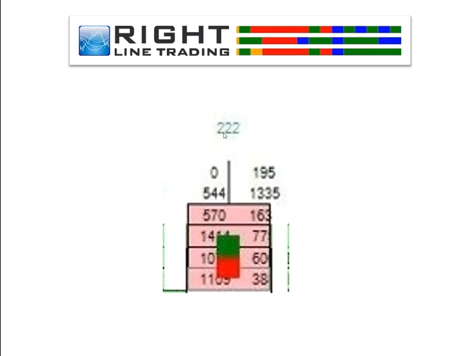Now, why would you get a positive delta and a down candle? The answer to that is really kind of simple. There are more traders sitting on the dome looking to buy than there are traders sitting on the dome looking to sell. The problem here is that you have aggressive sellers.